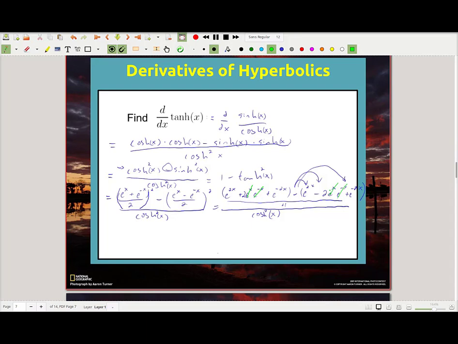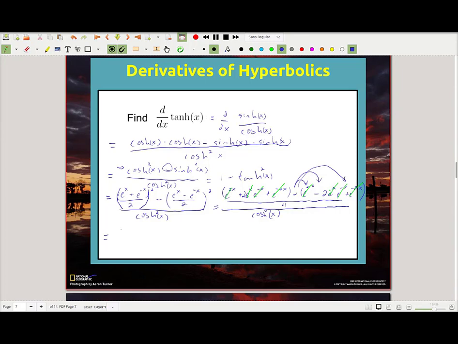What about everything else though? How about the e to the 2x minus e to the 2x? Well, those are going to go away. And then what about e to the negative 2x minus e to the negative 2x? Those are going to go away. So this all comes out to be 4, but notice we've also got a 4 on the bottom.